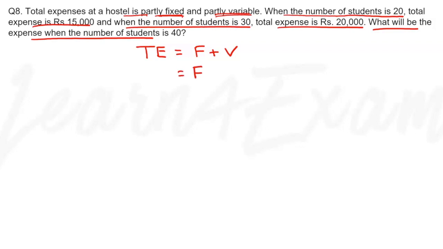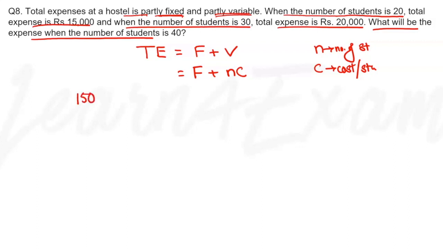So we can write this as fixed plus, let's say n, which gives me the number of students, and c, which is the cost per student, right? So this would be equal to n into c, and that is the variable cost. And when the number of students is equal to 20, the expense is 15,000.